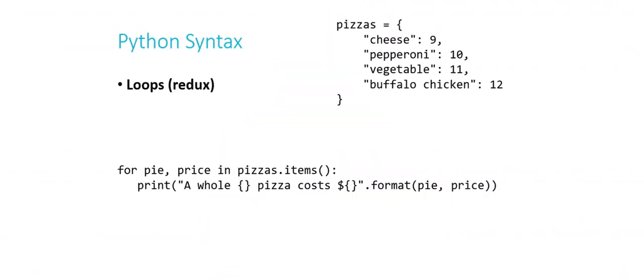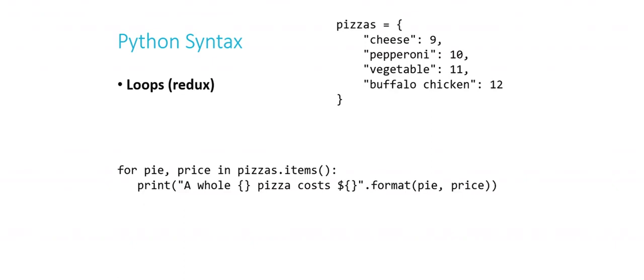Let's say I wanted to print both the key and the value. It's very similar to what I just had before. I'm still iterating over pi and price, and I'm still transforming the pizzas dictionary into a list temporarily so I can iterate over it. And I'm using my print function again here, but now I'm not specifying 0 and 1. I could specify 0 in the first one, 1 in the second one, but I want to actually print the key first, then the value.